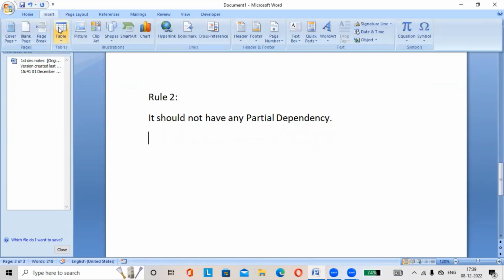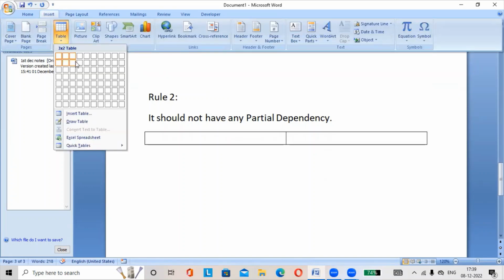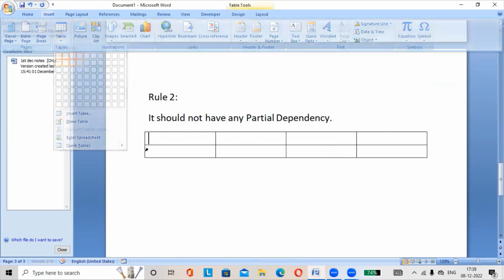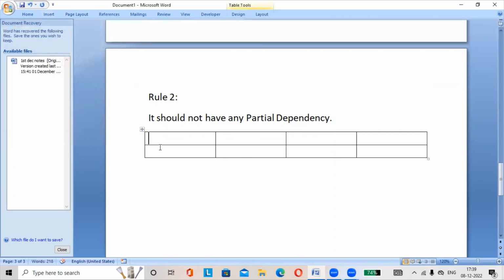First we'll consider one table. Here: student ID, name, department, address. We'll add some data here.